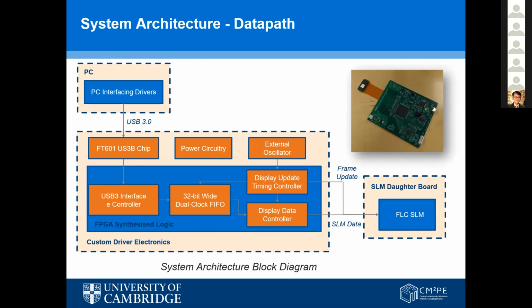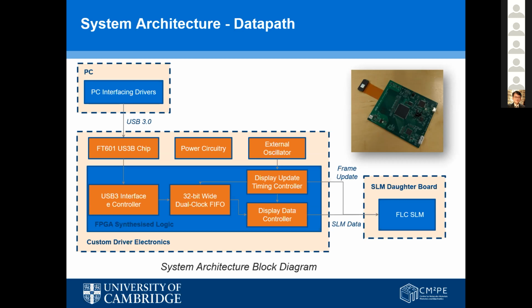Going through that again in a bit more detail, on the top right you can see the custom electronics board that we've put together. The SLM itself is connected via that flexi ribbon cable. The majority of the work for the project actually ended up being in the FPGA logic, and you can see that in this block diagram.